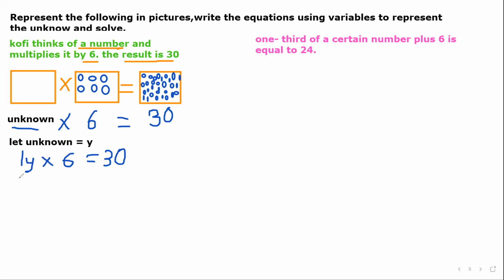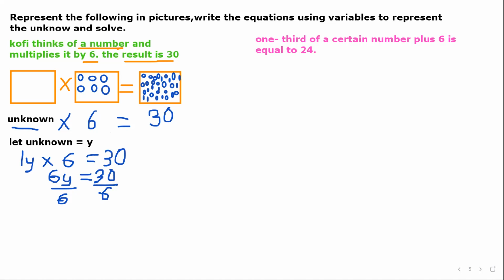Which means that there's a certain number times 6 will give you 30. So here 1y times 6 will be 6y, equal to 30. Good. To find y, divide both sides here by 6.